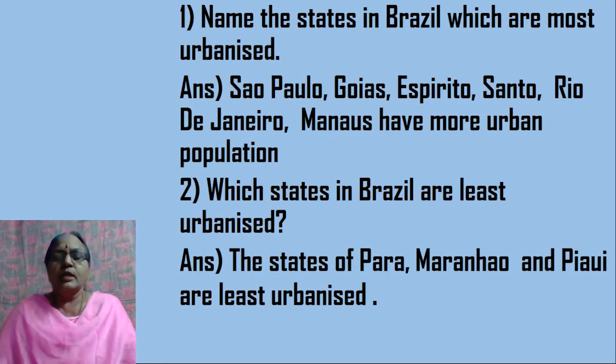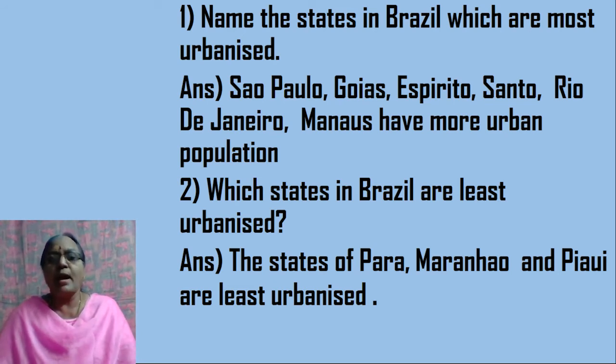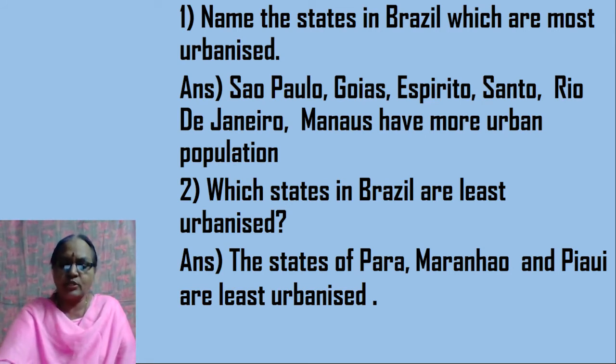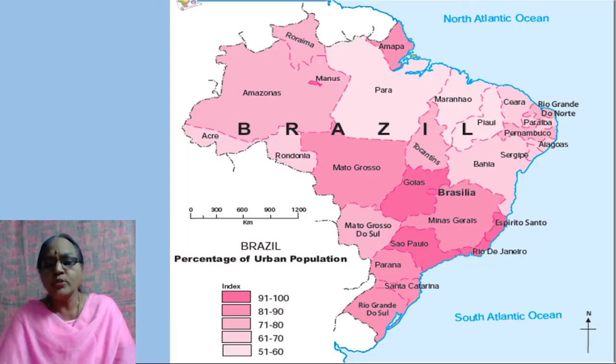Now, let's come over to the questions which are based on this map. Name the states in Brazil which are most urbanized. We'll have to go back to the map. Most urbanized states are the ones where the percentage of urban population is between 91 to 100. So, you can find it here.